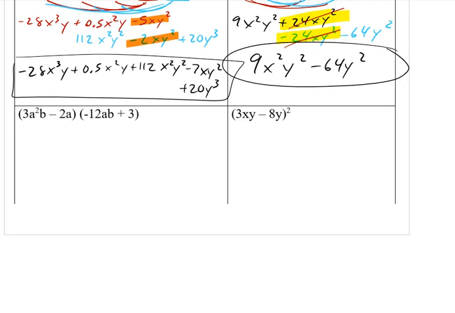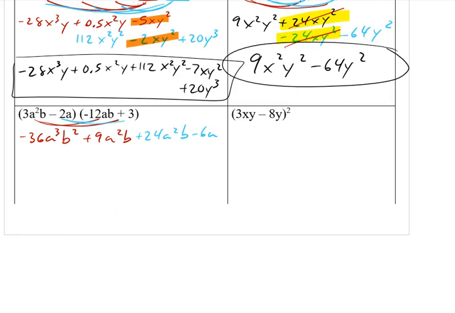Next one, multiple letters being multiplied. Let's distribute. Negative 36a cubed b squared plus 9a squared b plus 24a squared b minus 6a.